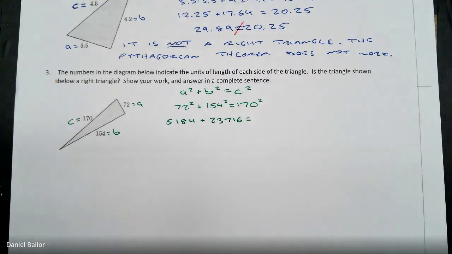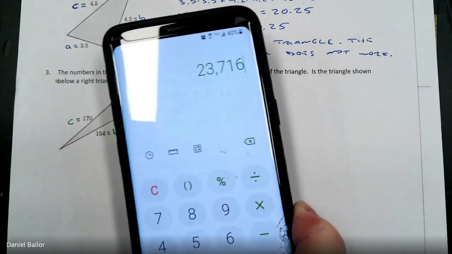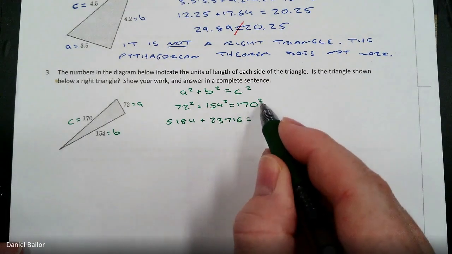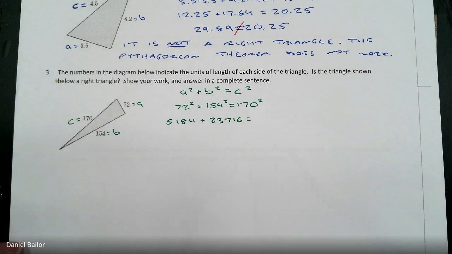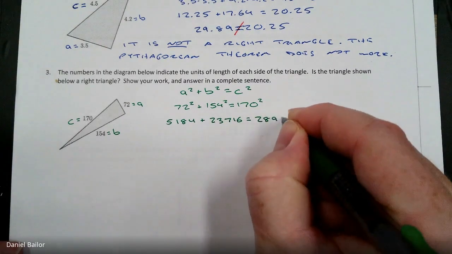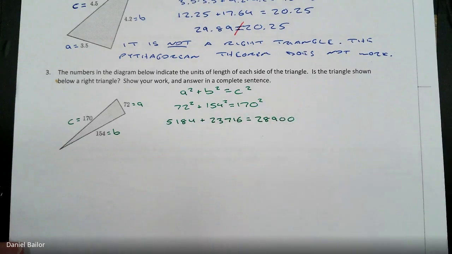And yes, I am using my calculator on this, so it is okay if you use your calculator to do these. C squared, 170 times 170, works out to be 28,900. So we got some pretty big numbers right here.